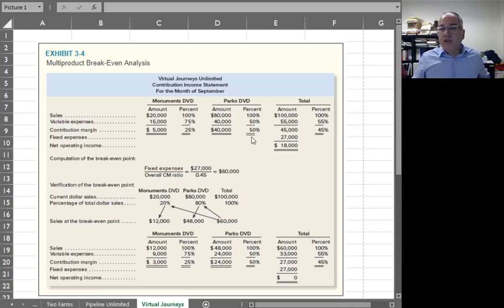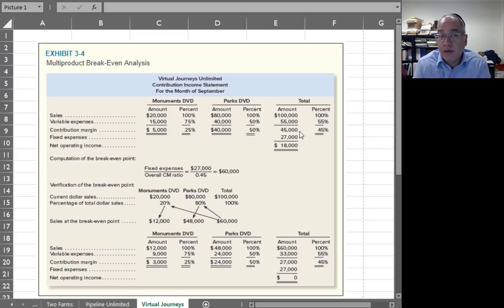Now what we could do is come up with a weighted average, because we know that total sales are 100,000, total variable expenses are 55,000, giving you contribution margin of 45,000. So contribution margin divided by sales would be 45%, meaning your contribution margin ratio is 45%.